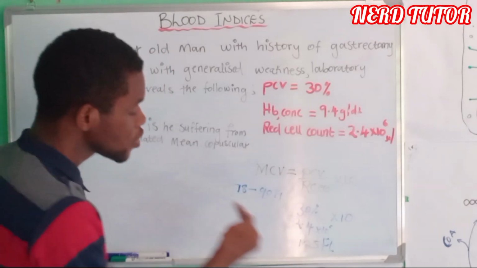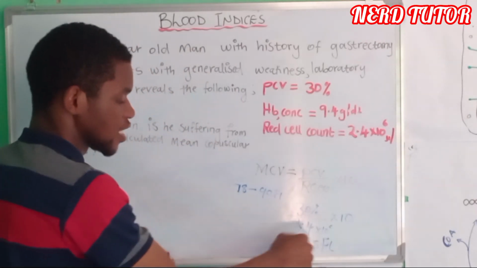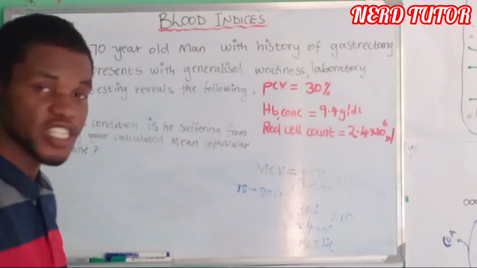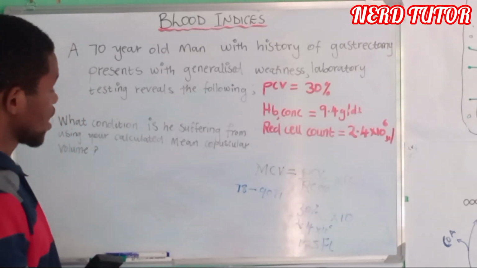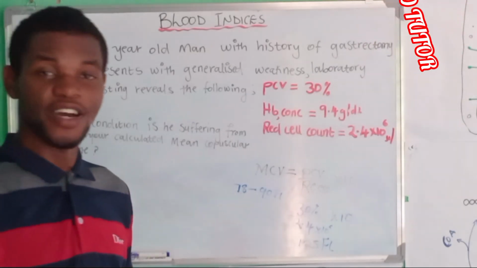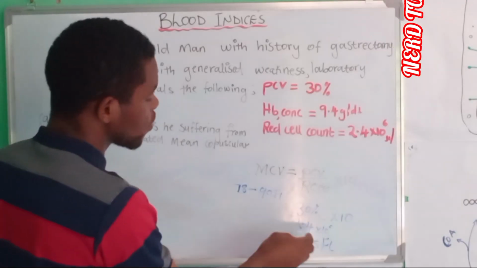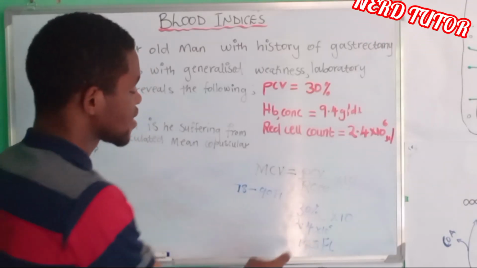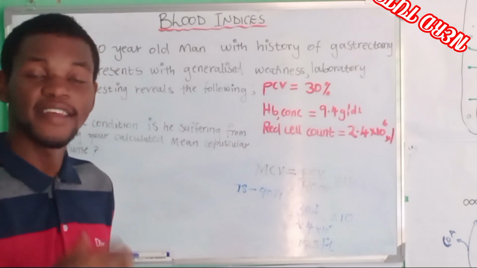So we are concluding, because of this value, which condition is this person suffering from? In my preamble, I said that mean corpuscular volume tells us about the size of the red cells. Here we have 125, which is higher than normal, meaning the cells are larger than normal.